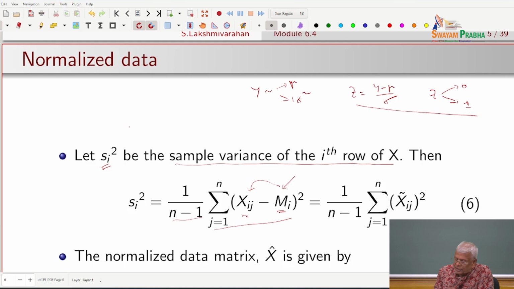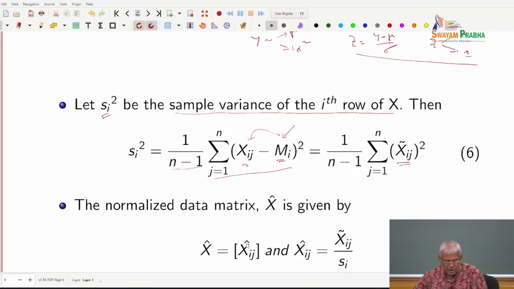This we have defined to be the difference between the actual value and the mean. That's the centered data, x tilde ij. So it is simply the sum of the squares of the centered data multiplied by 1 over n minus 1.